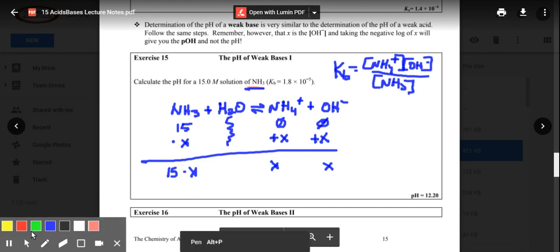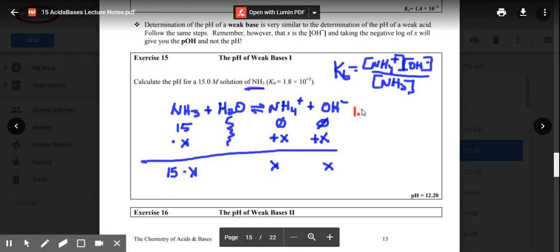So we have, let me use a different marker here, Kb is 1.8 times 10 to the negative fifth. We get x and x, so that simplifies to x squared. And NH3 is 15 minus x.